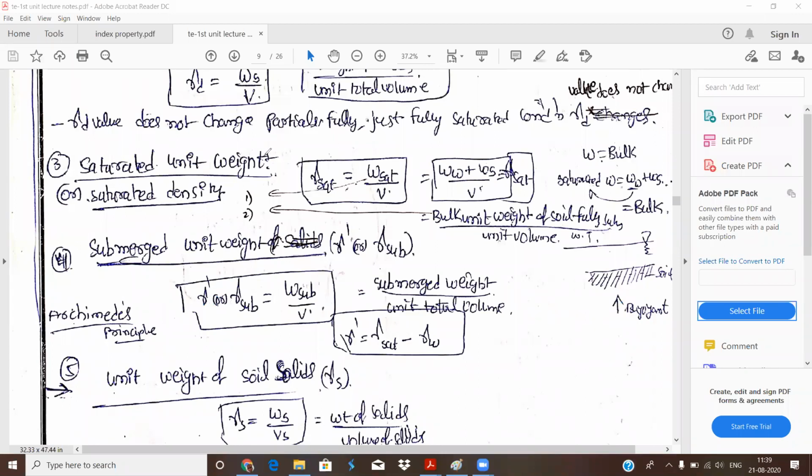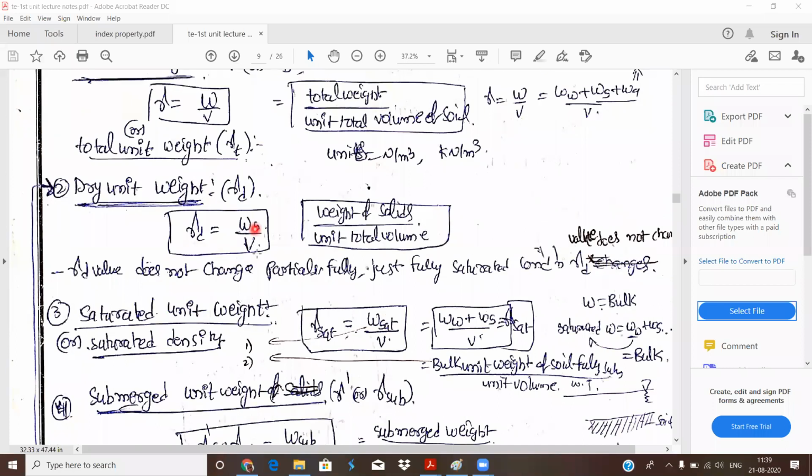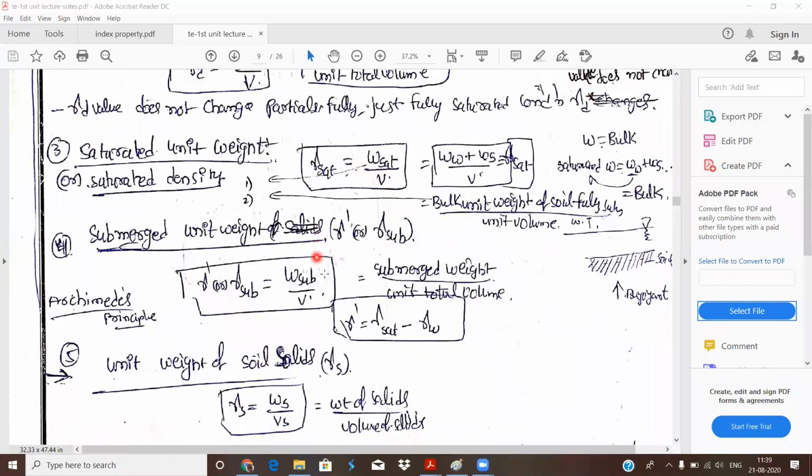Bulk means total, so total weight by total volume. Dry means only solids, weight of solids by total volume of soil. Saturated is only the saturated weight of the soil to the total volume of the soil. Next one, submerged unit weight is equal to the submerged weight of the soil to the total volume of the soil.